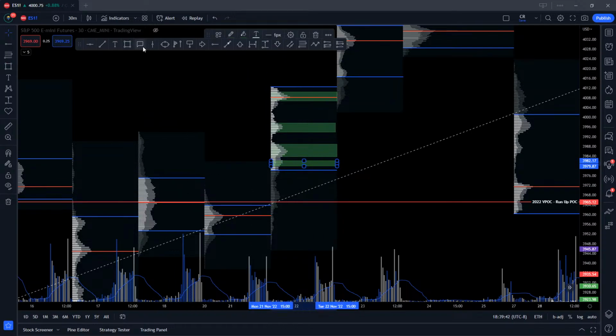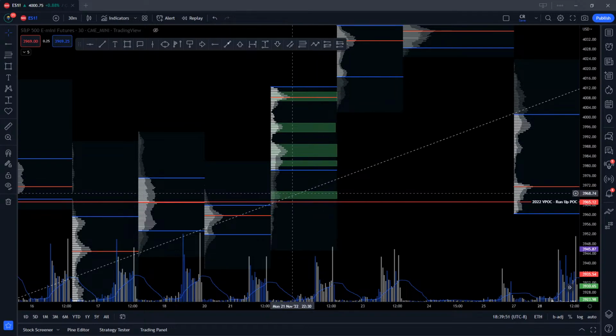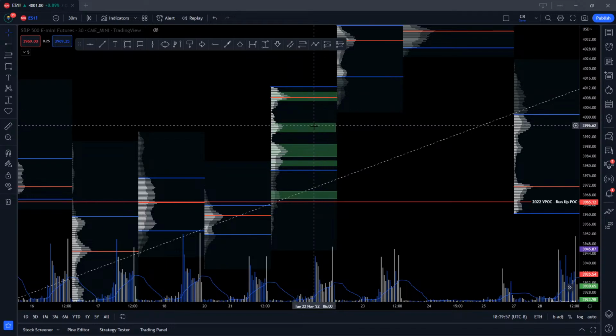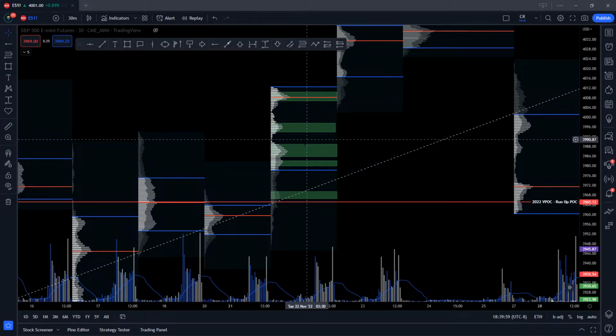But if I turn the candles back on, you'll see these areas that I've highlighted are the areas where the stock's able to hang out. And anytime it breaks through, it'll just fly down to the next zone or fly up to the next zone.